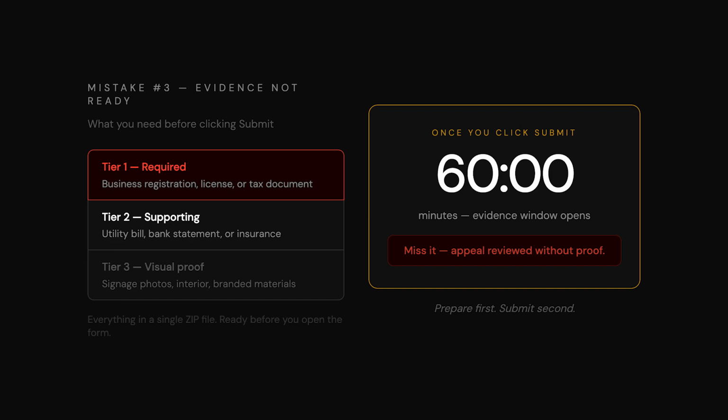And then you have the tier 3 that consists of visual proof: the signage photos, the interior photos, or branding materials if you have a physical location. And what you have to know is that every document, every piece of evidence has to be ready and organized before you start the appeal and before you click submit.